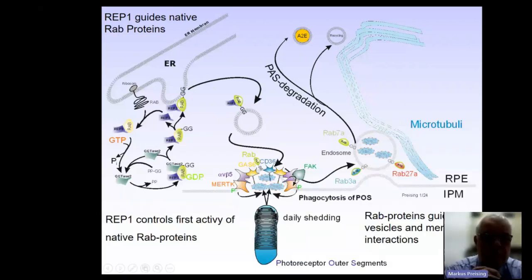Important for the function of the choroideremia gene are Rep27A, Rep7A, Rep3, which has been reported a long time ago.